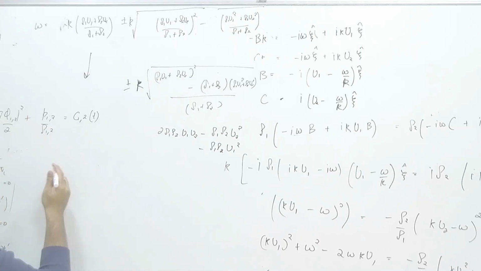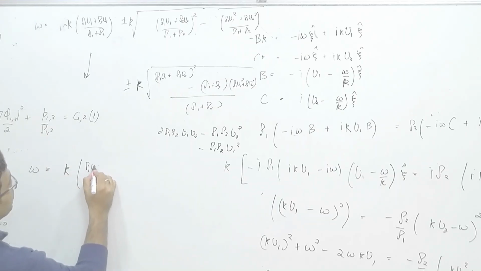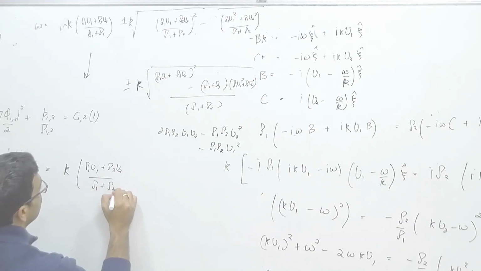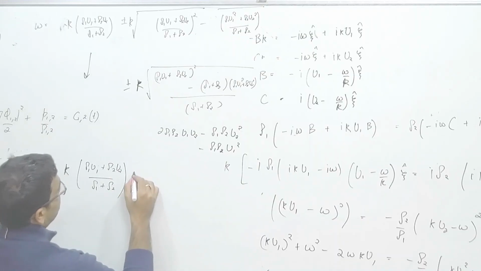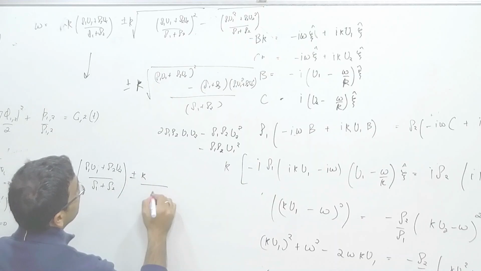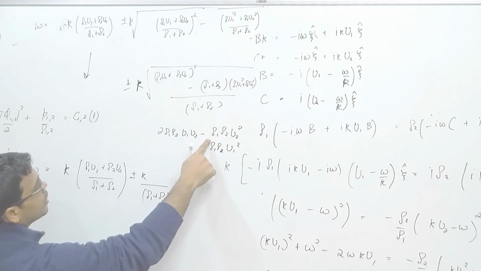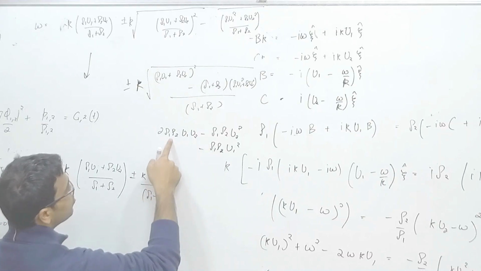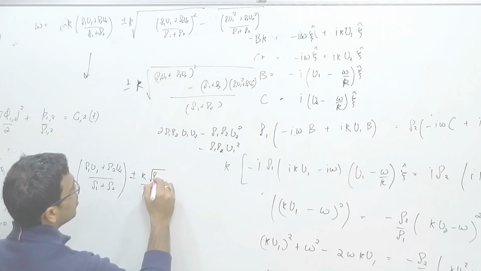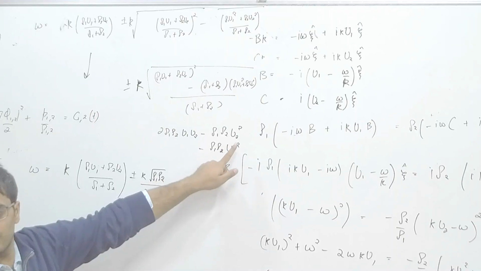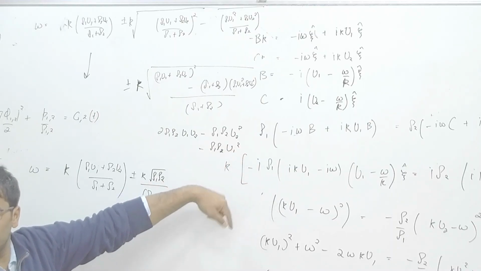So what is our final expression for omega? K times (rho 1 u1 plus rho 2 u2) by (rho 1 plus rho 2) plus minus k by (rho 1 plus rho 2) times the square root of rho 1 rho 2, and then what do we end up with here? Minus of (u1 minus u2) whole square.